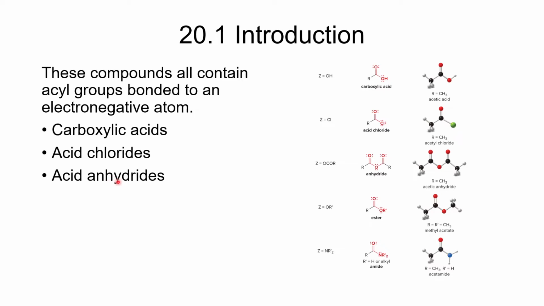Acid anhydrides, and we'll talk about those, but those are a useful class of compounds. Esters, and that's where we replace the OH with an OR, and then finally amides. Those would be our 5 different types of compounds we will be talking about in this chapter.